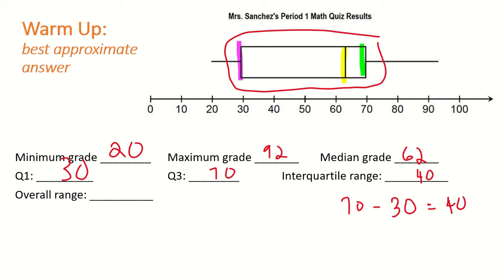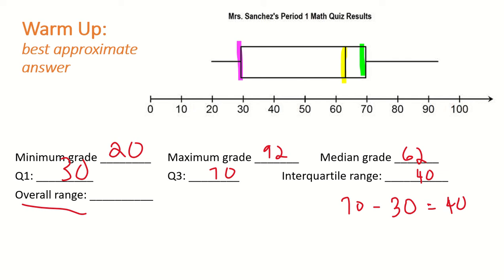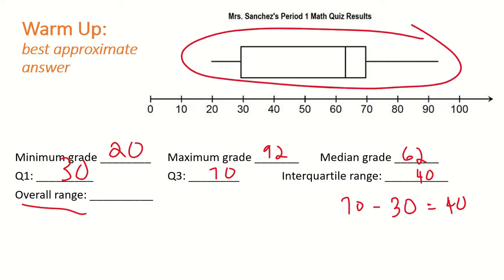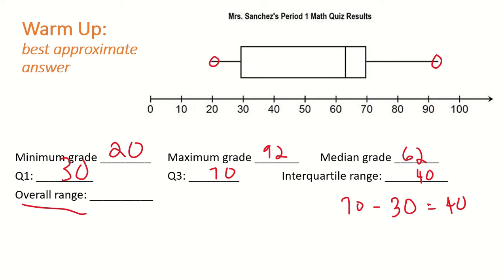As opposed to the overall range, that means we're not just focusing on the box or the quartiles, we're focusing on the graph as a whole. The very extremes, the maximum and the minimum, well, what's the difference between those two? What numbers had we chosen? We chose that the maximum was 92 and the minimum was 20.